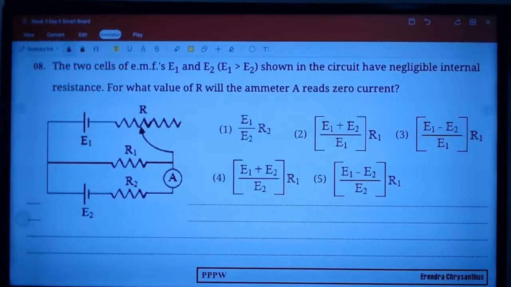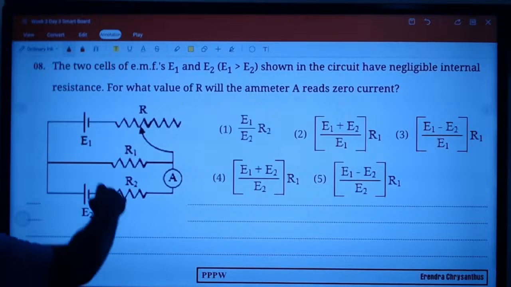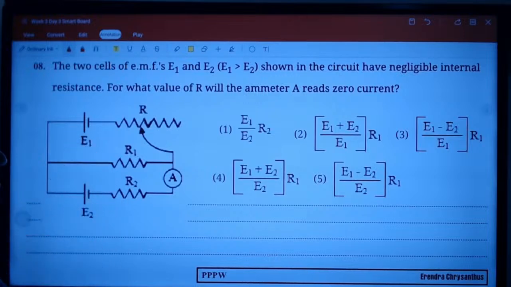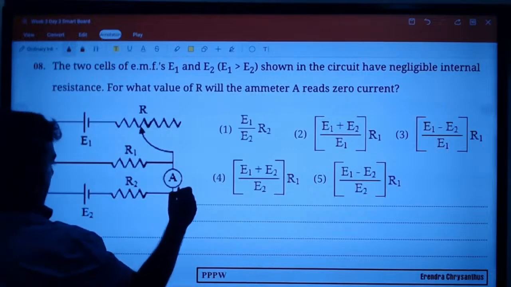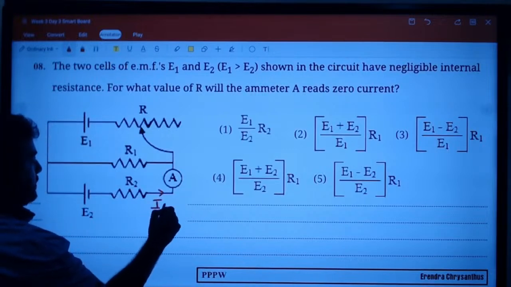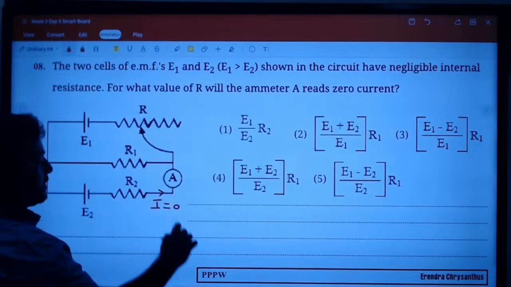Two cells with EMF E1 and E2 are given. E1 is larger than E2. As shown in the circuit, they have negligible internal resistance. For what value of R will ammeter A have 0 current? Ammeter A has 0 current means no current passes here.